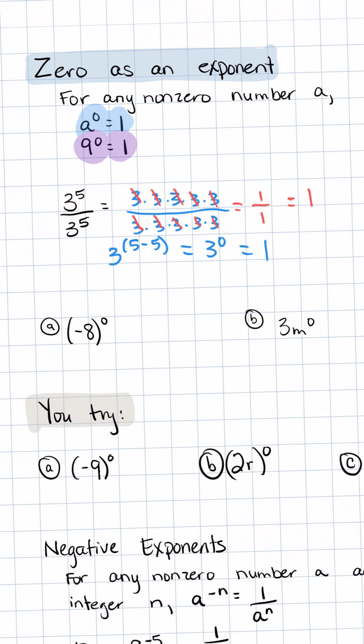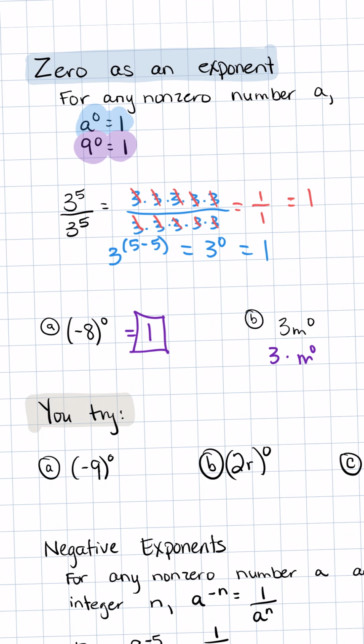So let's look at simplifying these. So if we have negative 8 to the 0 power, that equals 1. 3m to the 0 power. Okay, so if there were parentheses around this, then that would equal 1. But because there are not parentheses, this is like saying 3 times m to the 0 power.